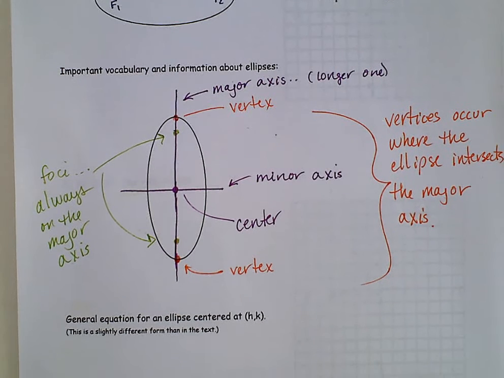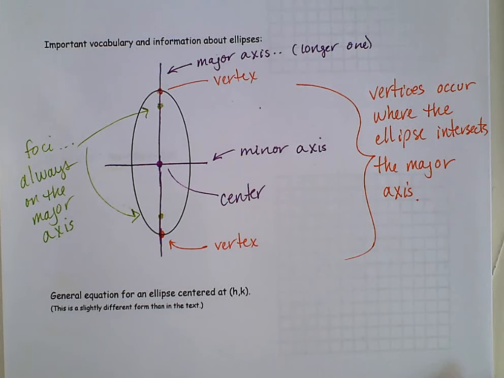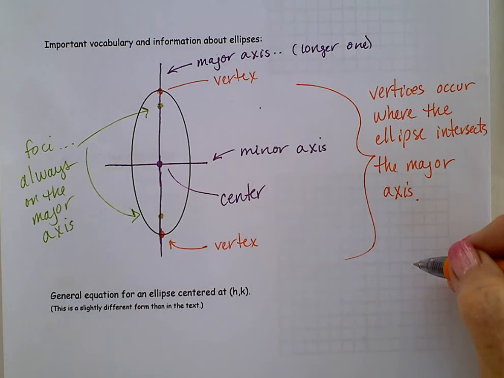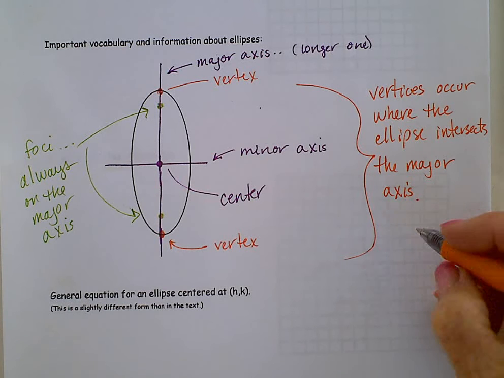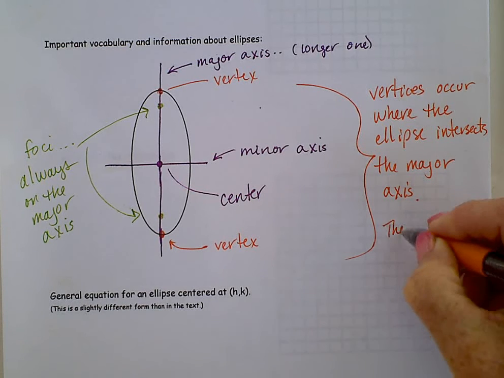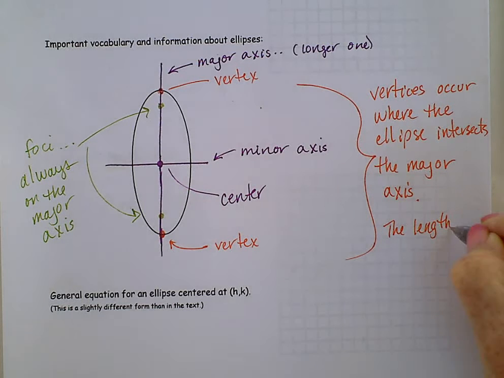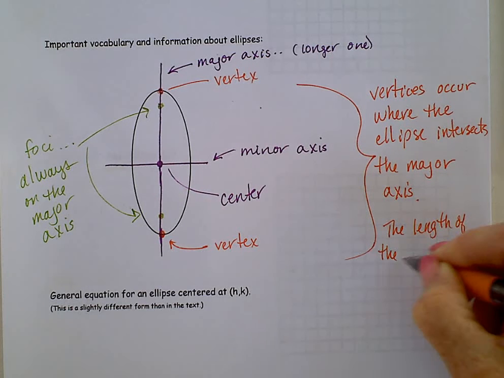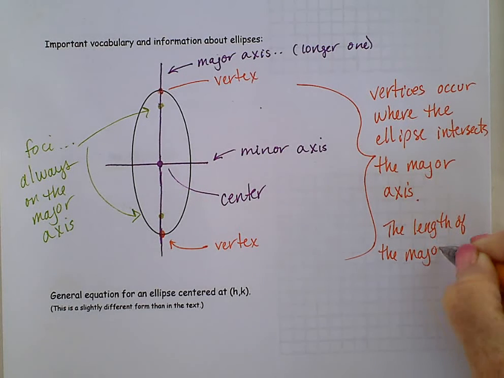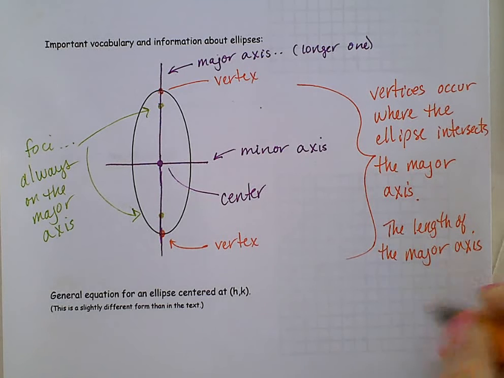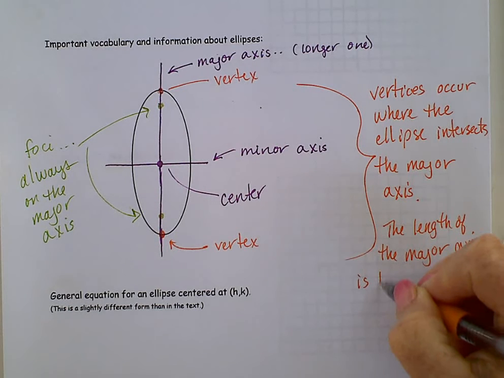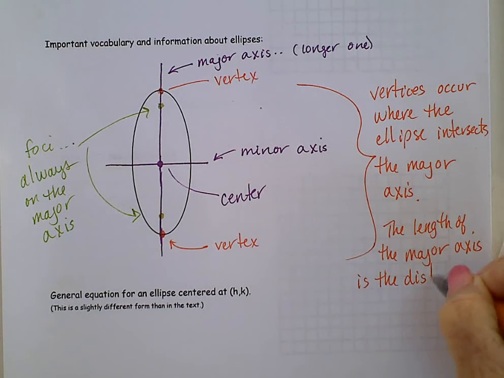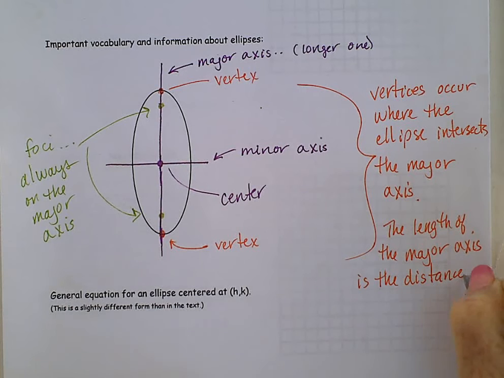Very often with ellipses, we talk about the length of the major axis, and the length of the major axis is the distance between the two vertices.